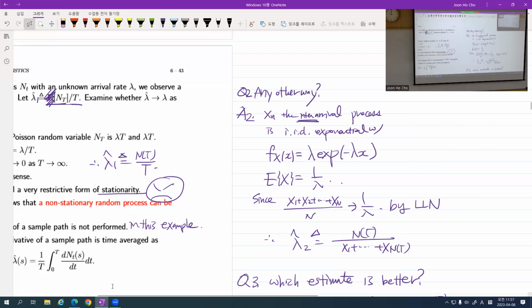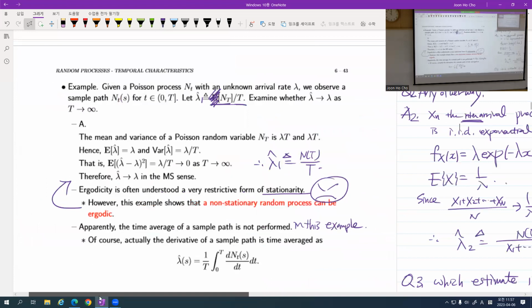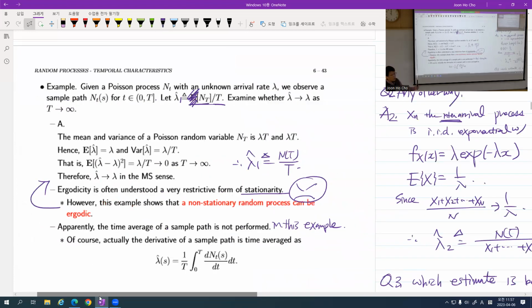Anyway, what I want to say is, does this involve any time average? There is no time average, right? But somehow you can extract information about the arrival rate in the Poisson process. A single parameter governs, the arrival rate. If you know the arrival rate, you know everything statistically about the process.